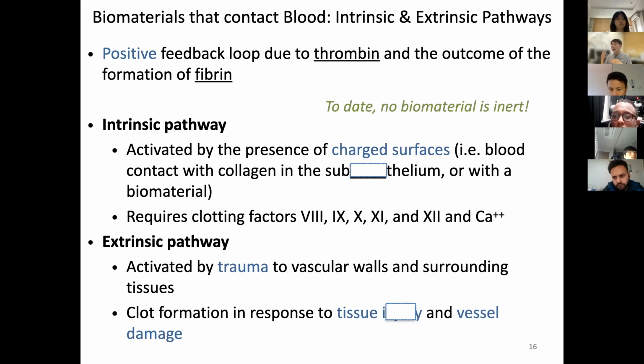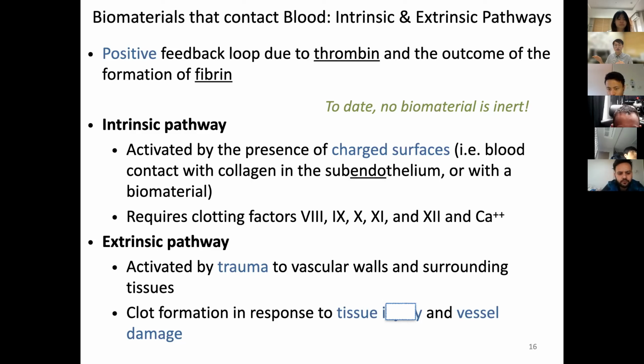So when the blood contacts collagen, which it doesn't usually see, but if there's a cut or damage in the blood vessel, there will be contact with endothelium, or with a biomaterial, and that requires a number of clotting factors like 7, 9, 10, 11, 12, and calcium ions are important here.